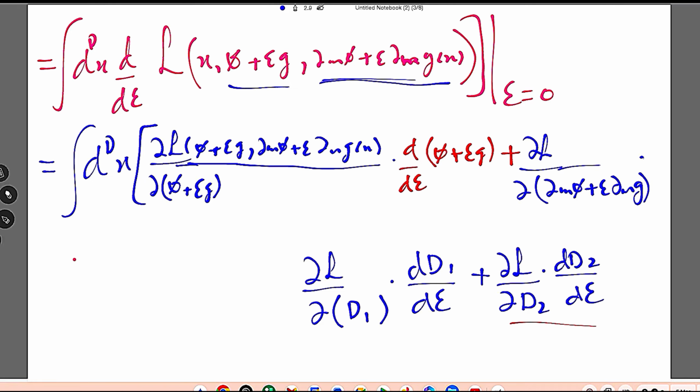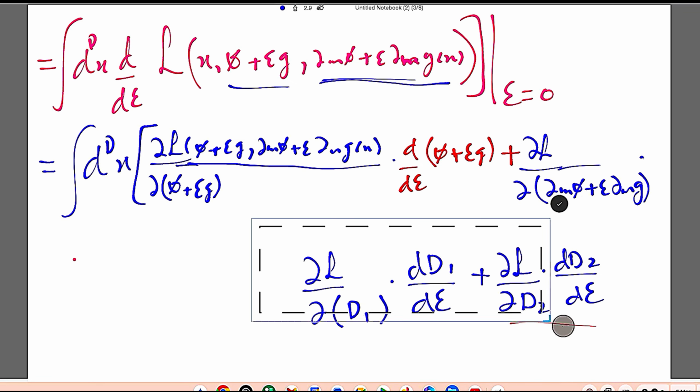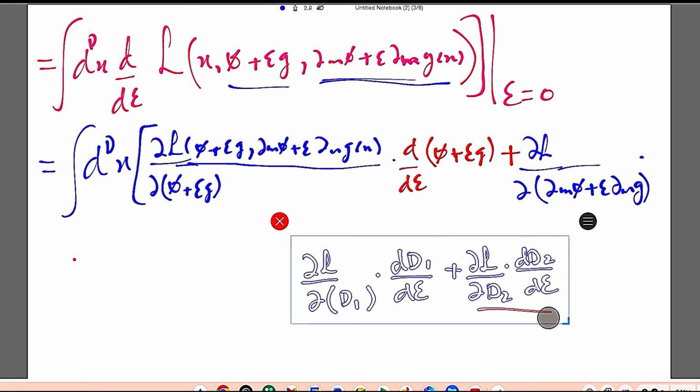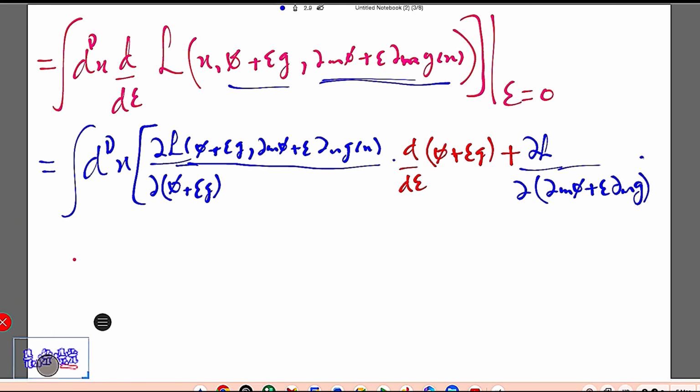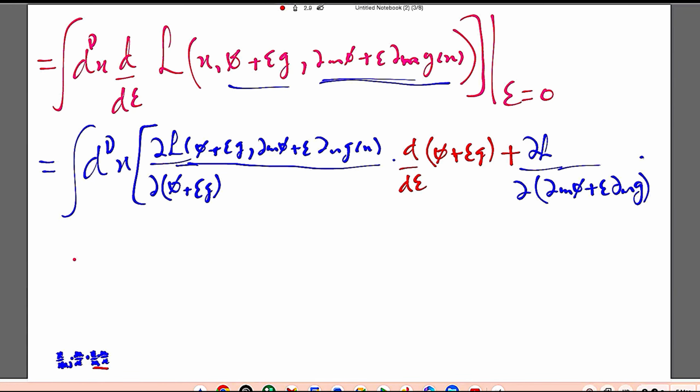Okay, we'll do that thing. Let's make some space. Okay, and we will write down the second term, which will be d by de of d2. d2 is this partial m phi plus e partial m g of x.